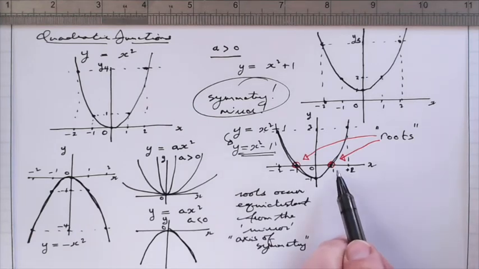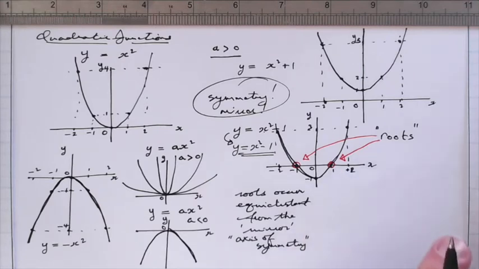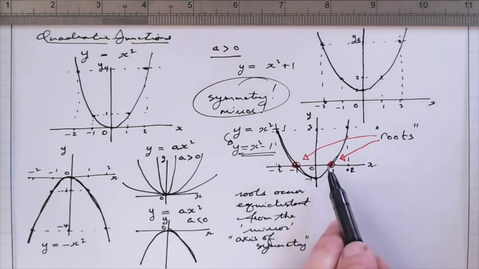If someone told you, I have a parabola with roots at x equals 2 and x equals 4, you automatically know that because those roots have to be equidistant from the mirror, in that case it must be at x equals 3. The mirror will lie midway between the roots.